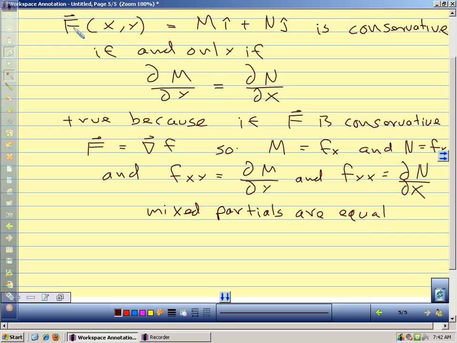So if this vector field is conservative, it's the gradient of a potential function, and the partial of M with respect to y is the second partial of our potential function, and the partial of N with respect to x is the second partial of our potential function, and those two have to be equal if we have well-behaved functions. So this is our test for conservative fields in the plane. The partial of M with respect to y has to be equal to the partial of N with respect to x.